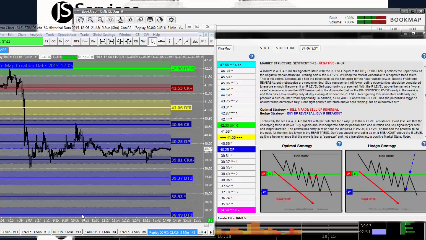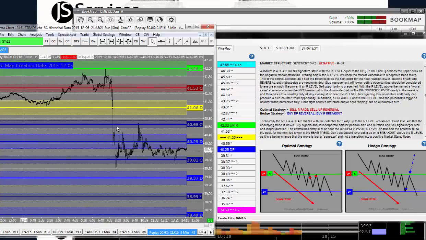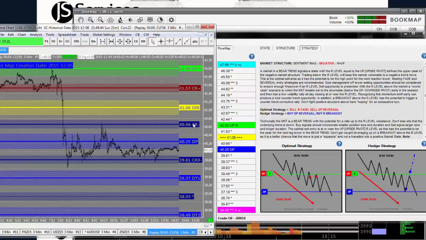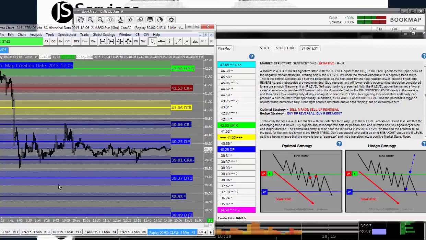The other part of this situation was the fact that they had already paid out over 2 APMDs, and that's a decent payout without being an event trade. And then here you can see they rallied a full APMD, and you can see how that worked within the CRX minus and the CR minus, and that's typical for when they get into these digestive situations.